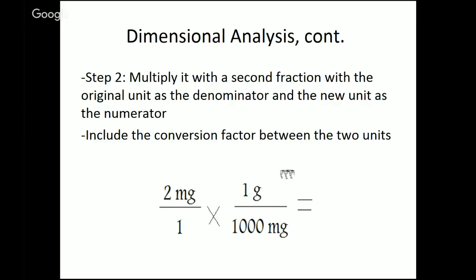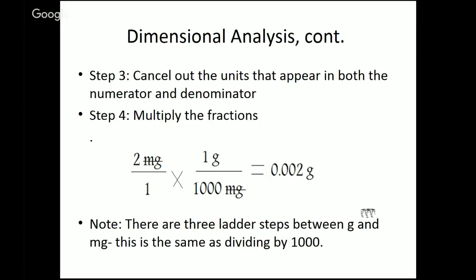Now my fractions are all set up. Now what do I do with them? Well, to solve this problem, what I'm going to need to do is multiply the two numerators together. I'm going to multiply the two denominators together, and then I'm going to divide the numerator by the denominator.